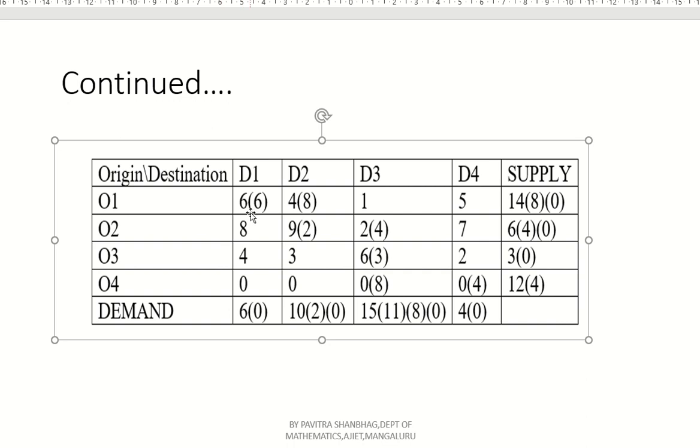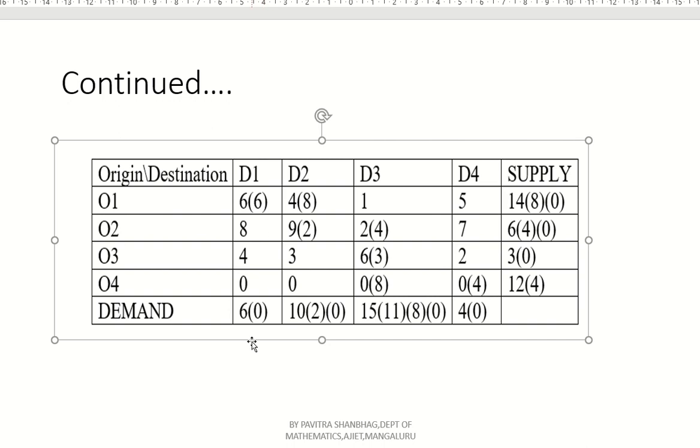Simultaneously the row is affected: in 14, if you remove 6, 8 remains. Write 8 here. This column vanishes and should not be considered for further calculation.